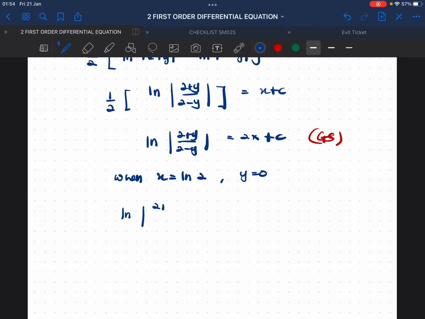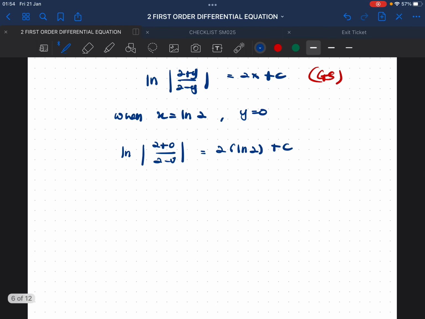Ln (2 plus 0) over (2 minus 0) equals to 2 ln 2 plus c. So here you will have ln (2 plus 0) over (2 minus 0) is actually ln 1, which is equals to 0.